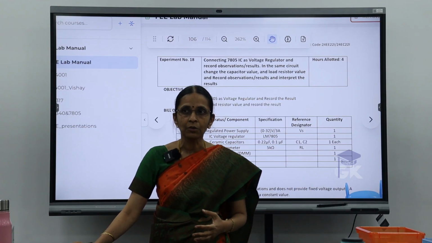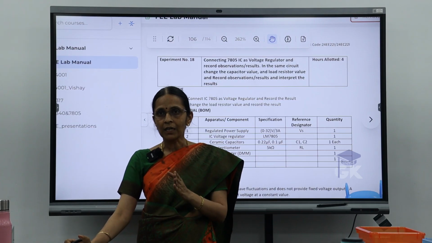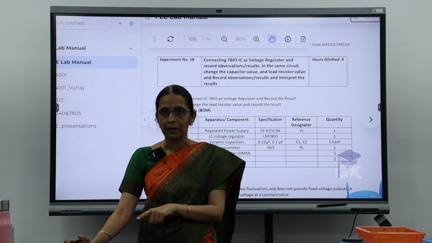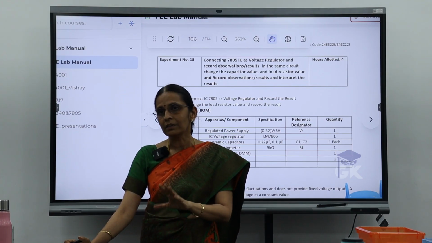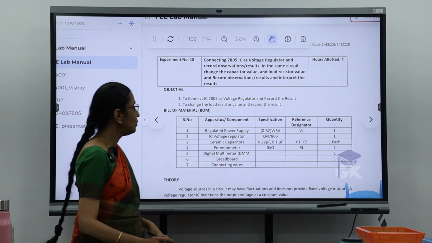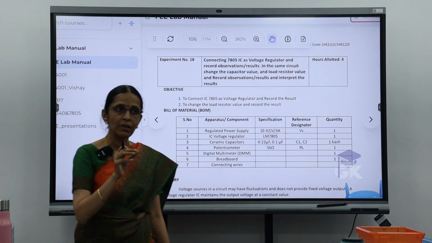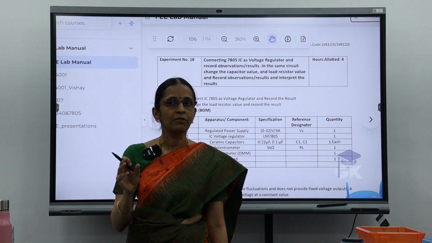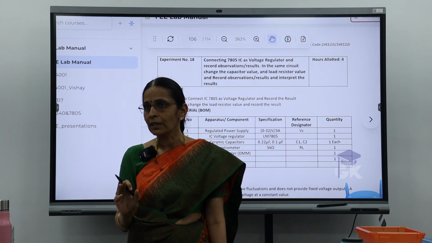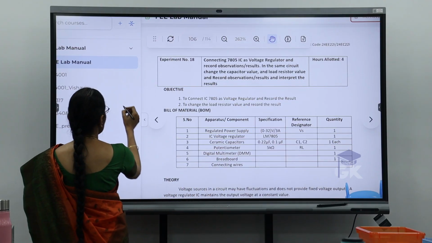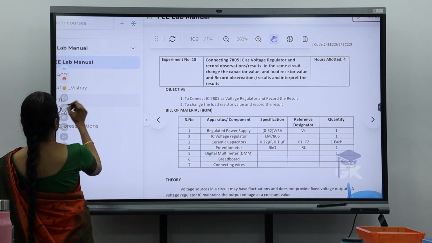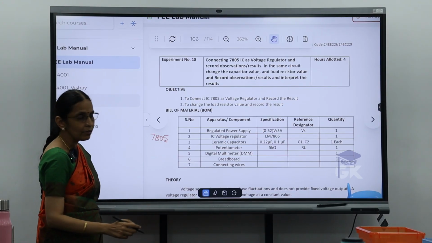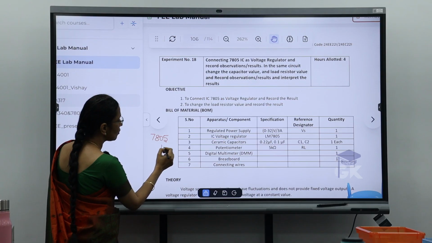So now what we are going to do is, to the rectifier we have attached a filter, and to that filter we are going to attach the fixed IC regulator, which is nothing but our 7805. As I told you before, 78 is the series, and the last two digits define the output voltage that I will get. So when I say 7805, I can also have 7812.